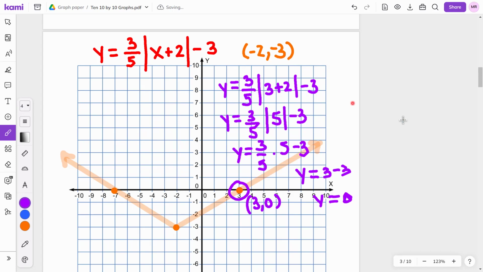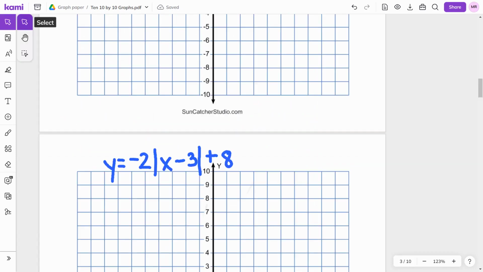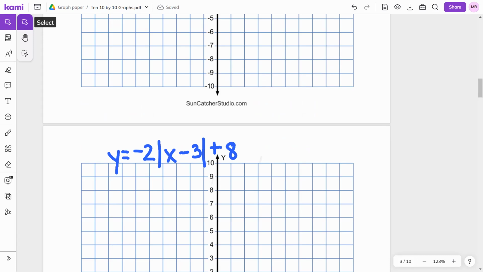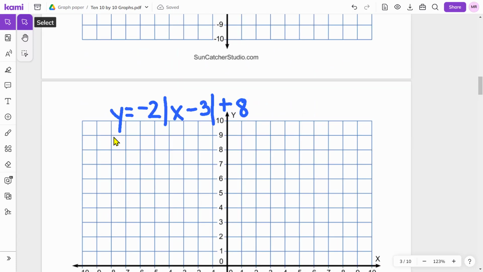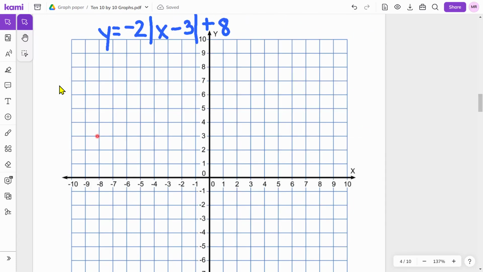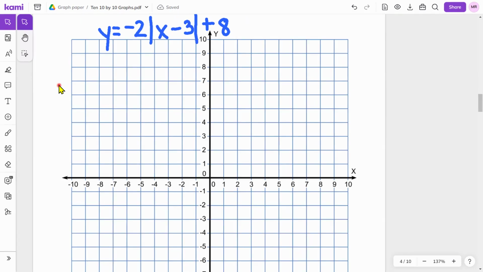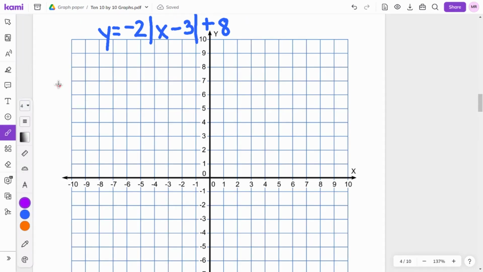Okay, and let's try one more. This one has a negative. So for this one, again, I'm going to find my vertex. My vertex is going to be at 3 comma 8.